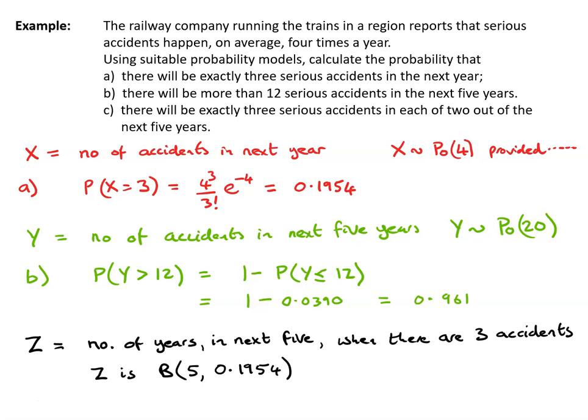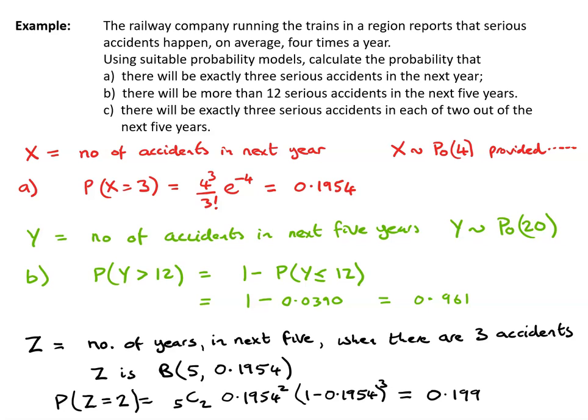We do need to assume that the accident record of 1 year is completely independent of the accident record in other years. If that is the case, then the probability that z equals 2 is going to be 5C2 times 0.1954 squared times 1 minus 0.1954 cubed. And that turns out to be 0.199.